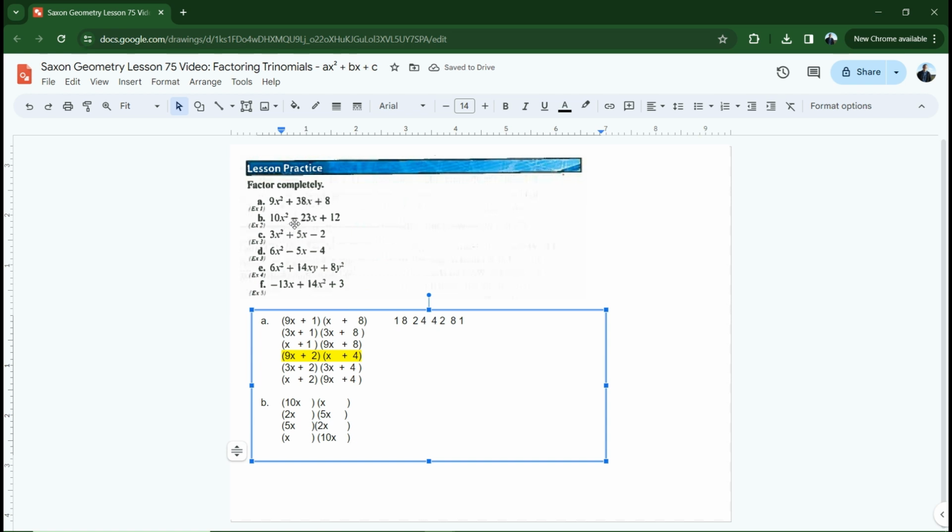Now what I need to do is look at my last term, 12, and figure out what the factors of 12 are. Well, 1 and 12 works, 2 and 6, 3 and 4, and then I can go back to 4 and 3, 6 and 2, and then 12 and 1. Now, here's the thing I'm going to notice about this.